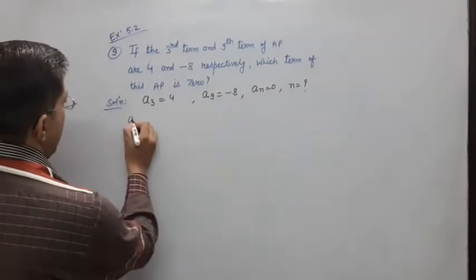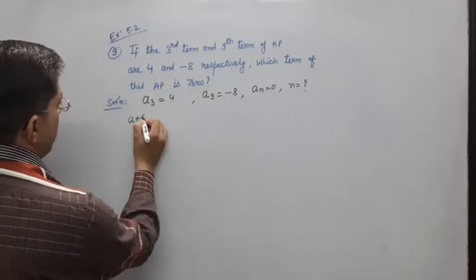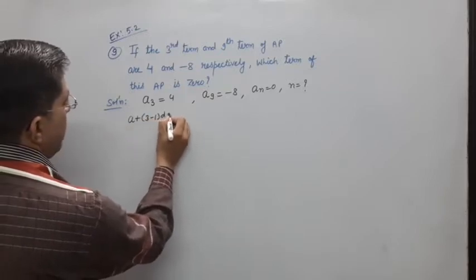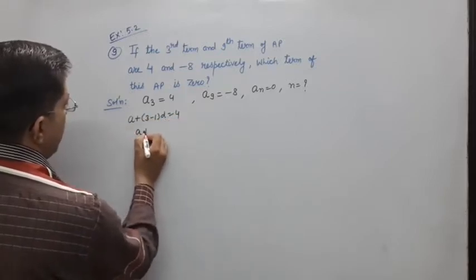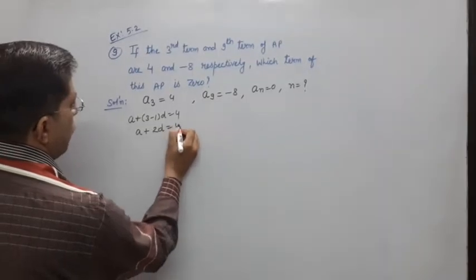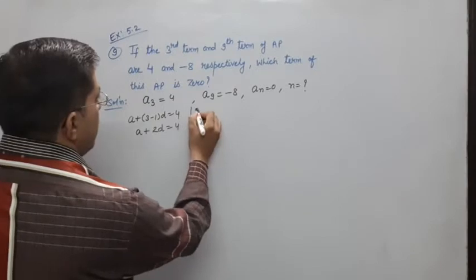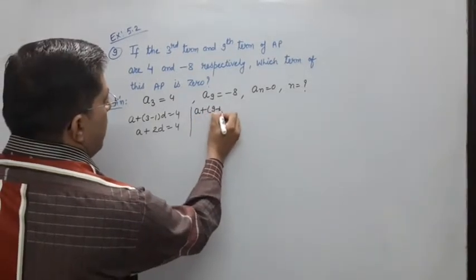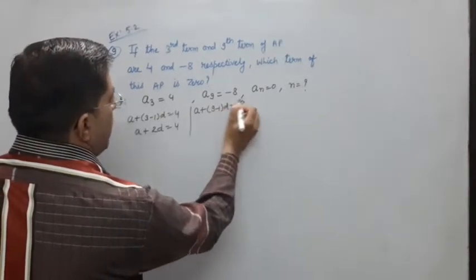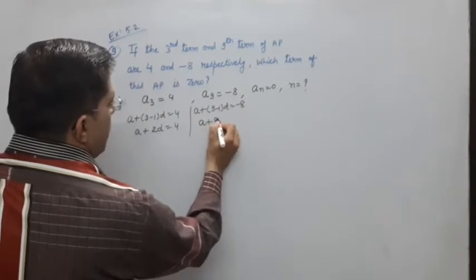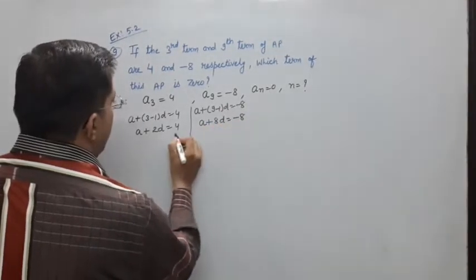We can say A plus (3 minus 1)D is equal to 4. This is A plus 2D is equal to 4. Then A plus (9 minus 1)D is equal to minus 8. This is A plus 8D is equal to minus 8.